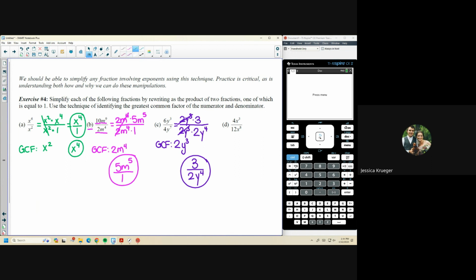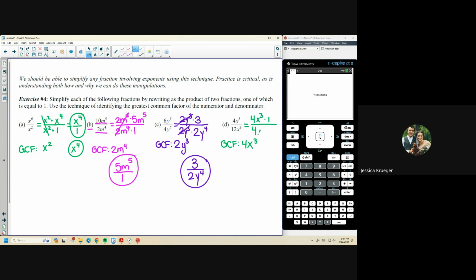Okay, last one, part D. If I think about what can divide evenly into 4 and 12, it can be 2, but it also can be 4. So my greatest common factor is 4. And then how many x's do they share or have in common? It's just x to the third. So my numerator is going to be 4x to the third times 1.